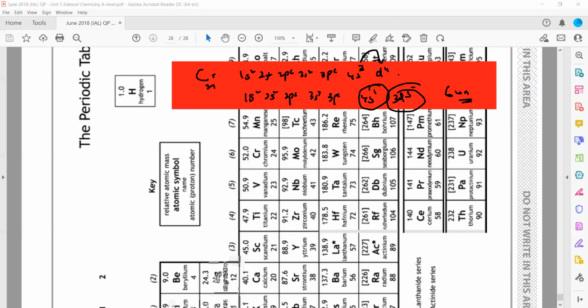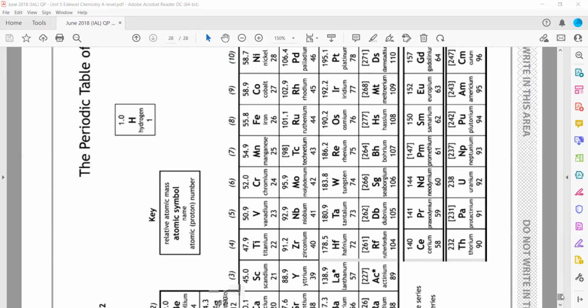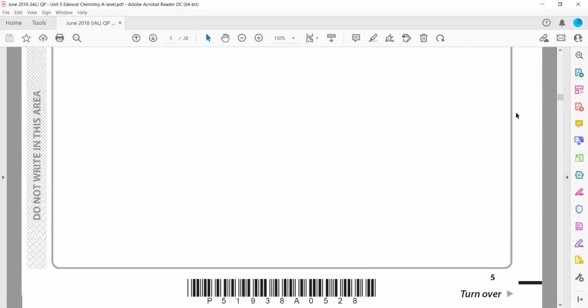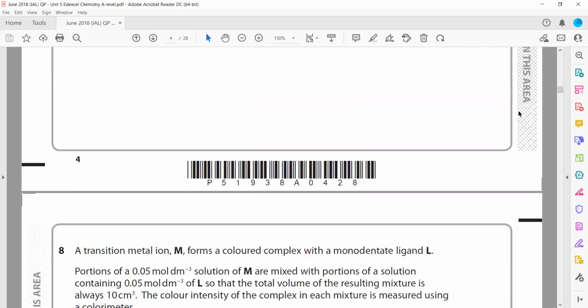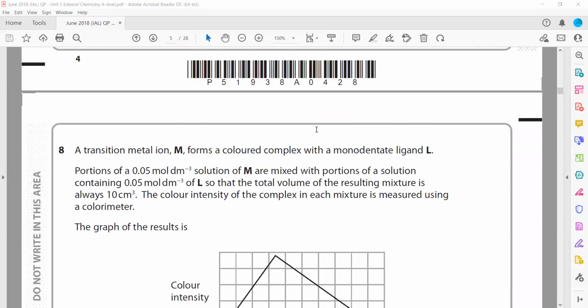That's why the answer is chromium. Is it clear? You have to check these exceptions in the electronic configuration of transition elements to answer this question.